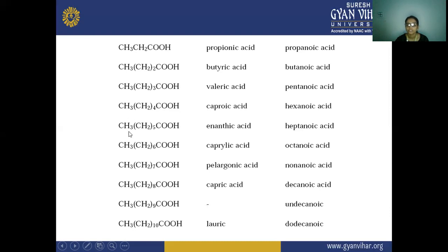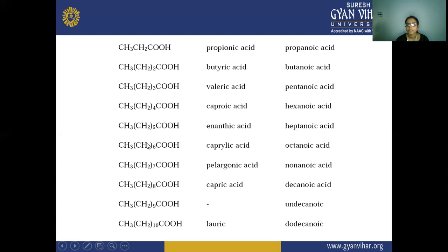Next is CH3, CH2, CH2, and the 6 carbon atoms are there, 6 to the 12 and 1 is 13. So here 13 hydrogens are there, and if 7 carbons are there, then its name is heptane, and E is replaced by oic acid, then this is heptanoic acid.